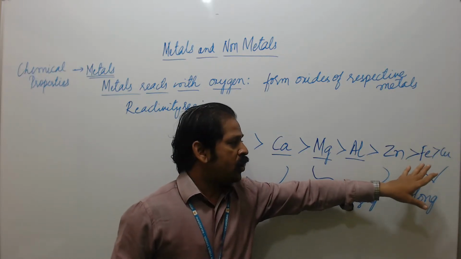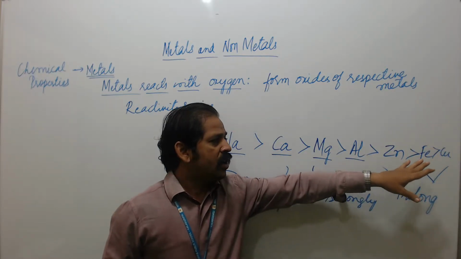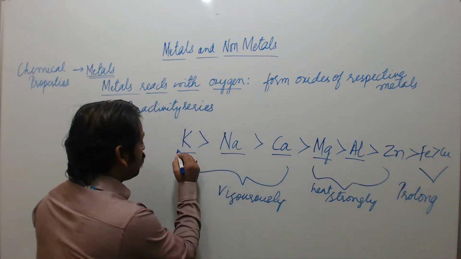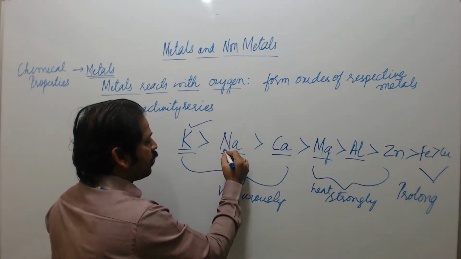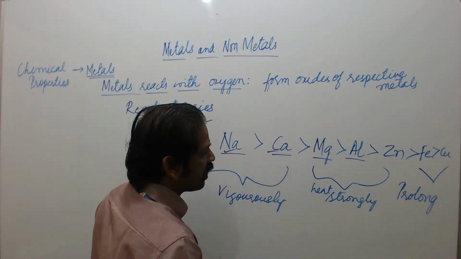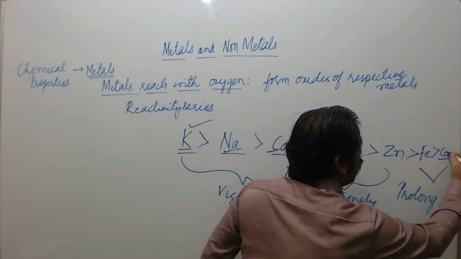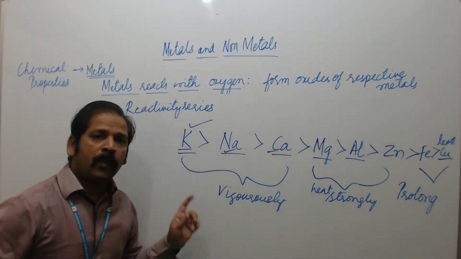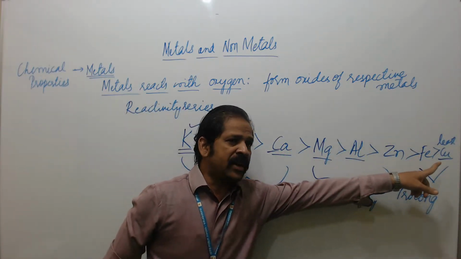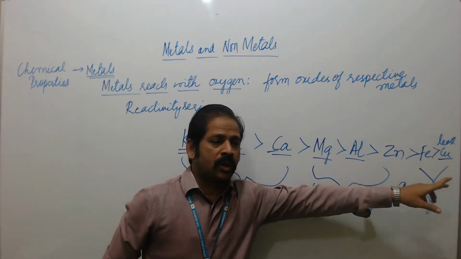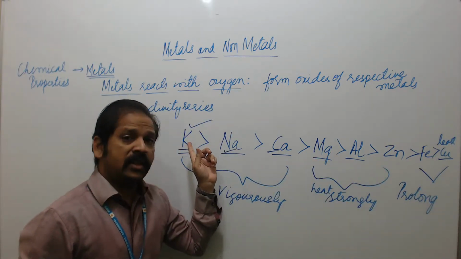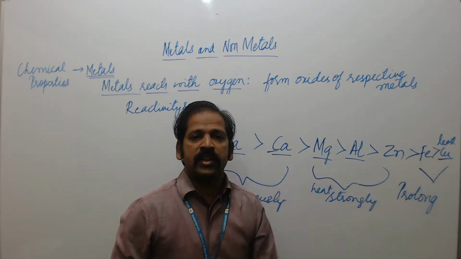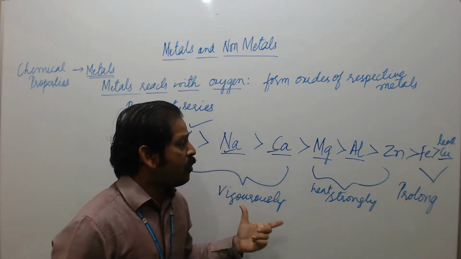Iron takes a bit less time compared to copper. It shows that potassium, sodium, and calcium are highly reactive elements, but copper is the least reactive element in this whole group to form oxides.